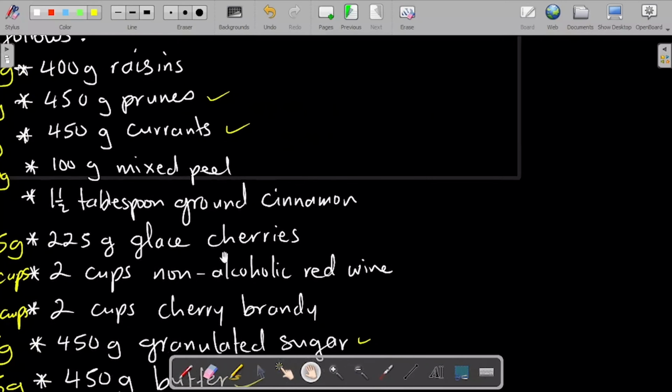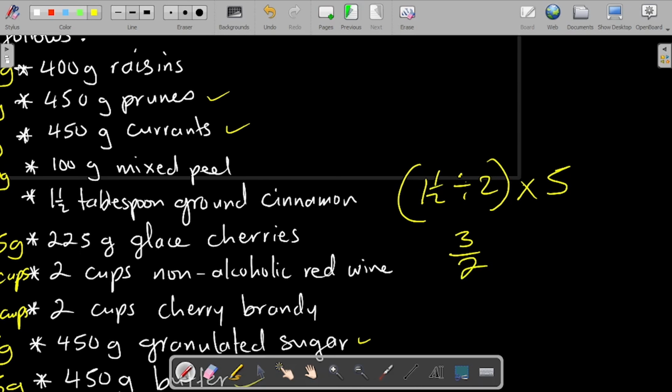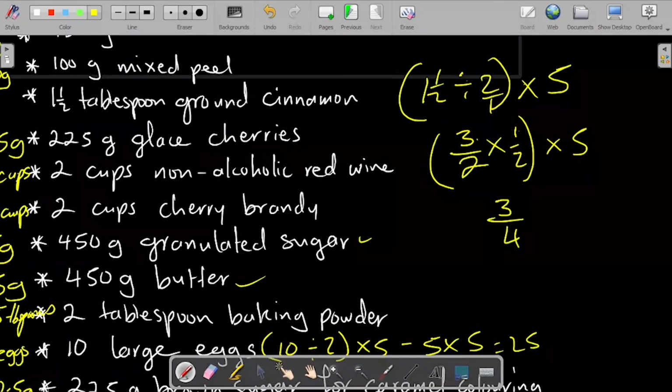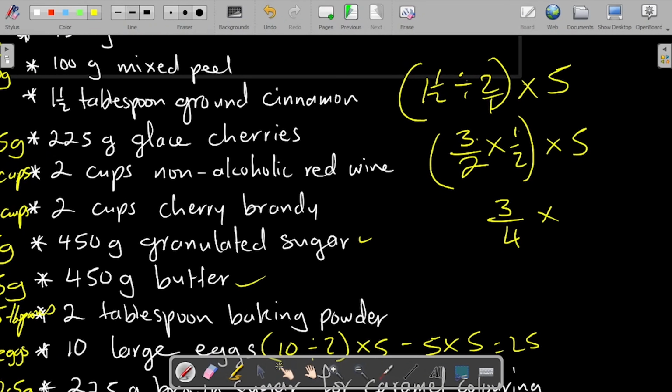Right, the 1.5 tablespoons of ground cinnamon. We have to say 1.5 divided by 2, and then we multiply that by 5. So 1.5 is the same as 3 over 2, and then we change the division to a multiplication, and the 2 over 1 we flip, so we get 1 over 2, times 5. We cannot cancel, so 3 times 1 is 3, and 2 times 2 is 4, so that's 3 over 4 times 5 over 1.